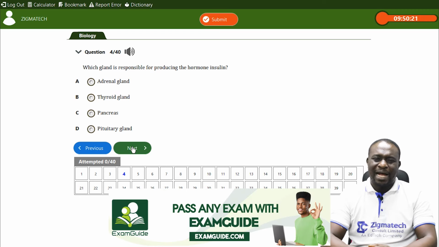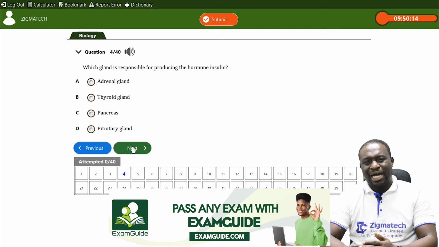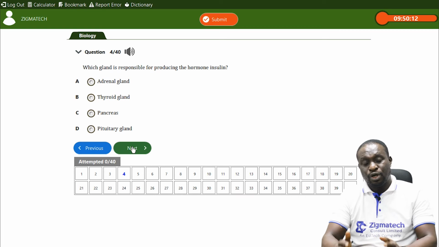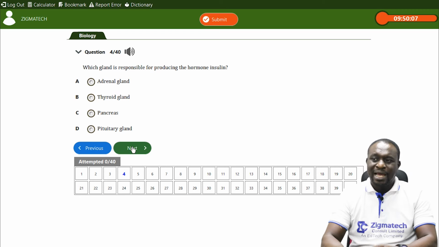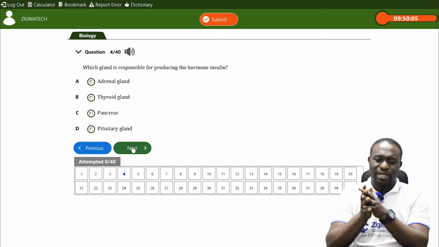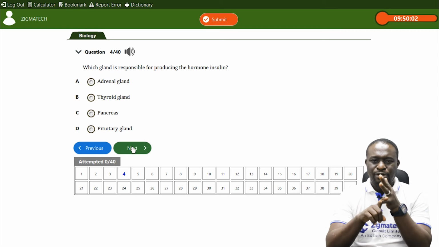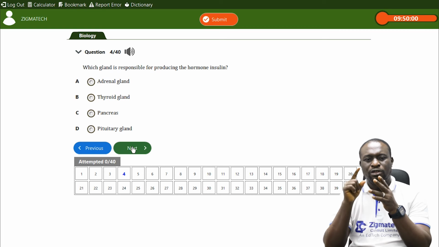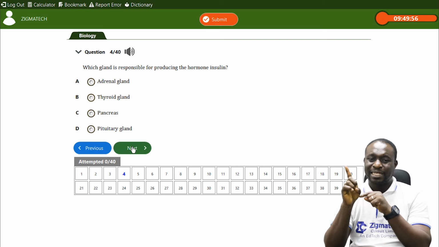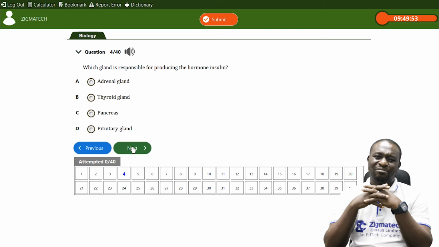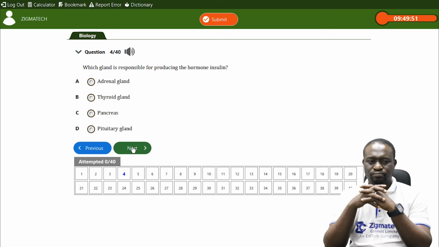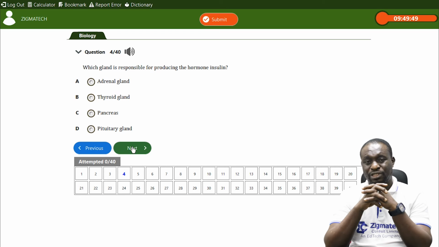Now, hormones are chemical substances that are produced by endocrine glands, released into the bloodstream, and carried to target organs. We have different endocrine glands that produce hormones.